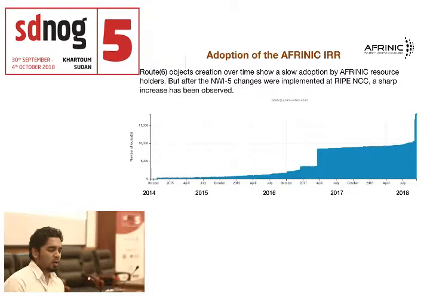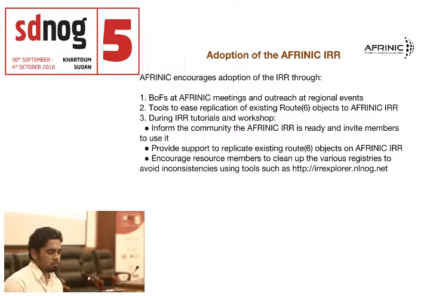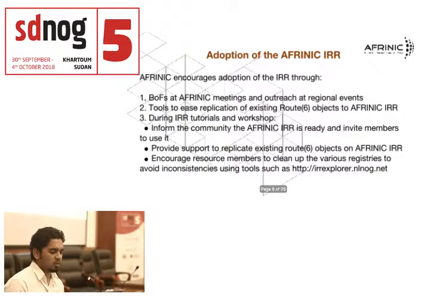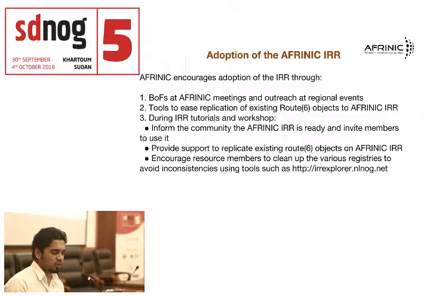Also for the adoption, if you're interested in some stats of how it has been growing, you will see a big jump this year, 2018, because of some changes called NWI5, which was implemented at RIPE. The NWI5, in fact, was implemented in September itself.